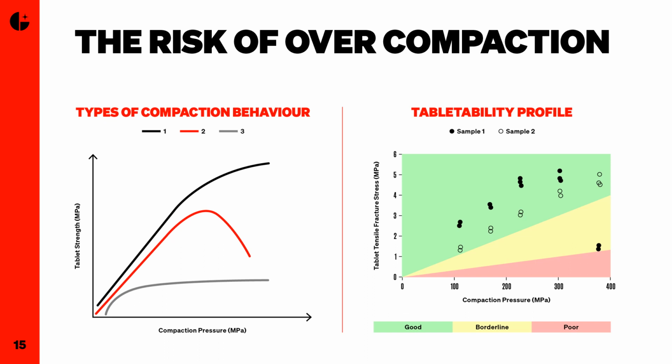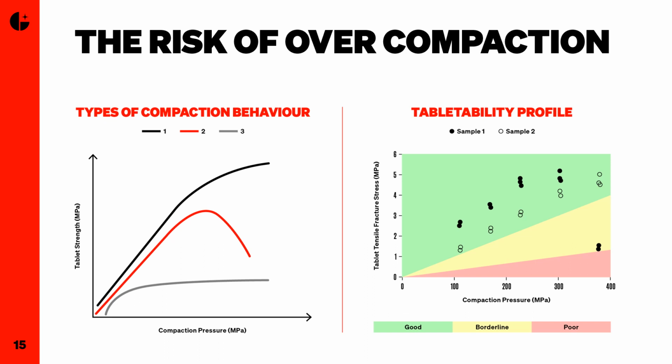Type 1 is the one that we hope for, that with the increase in compaction pressure, we get a corresponding increase in tablet strength, although the increase becomes less and less as the compaction pressure increases. And this is the behavior we would associate with MCC, something that has excellent tableting properties.